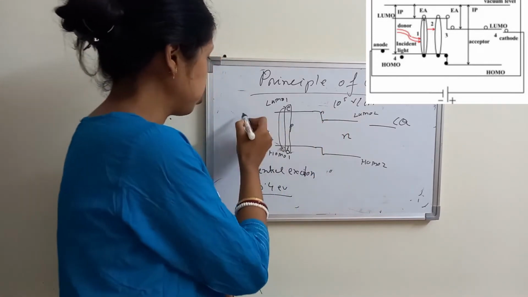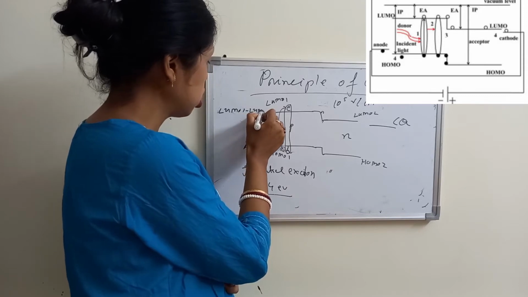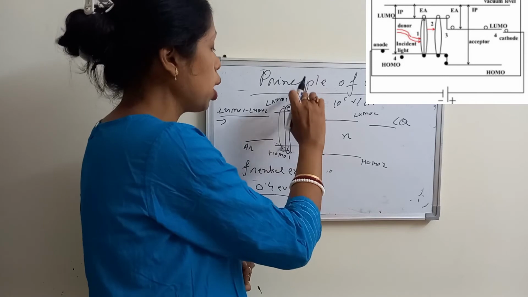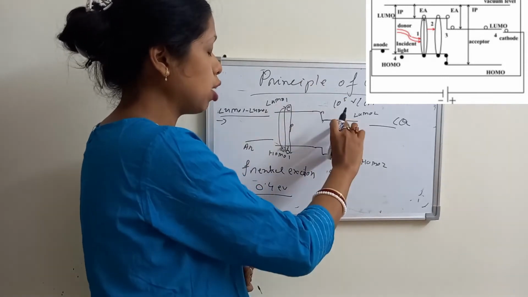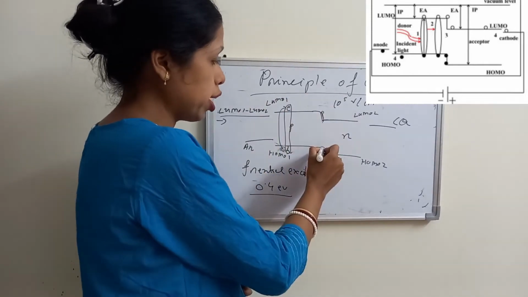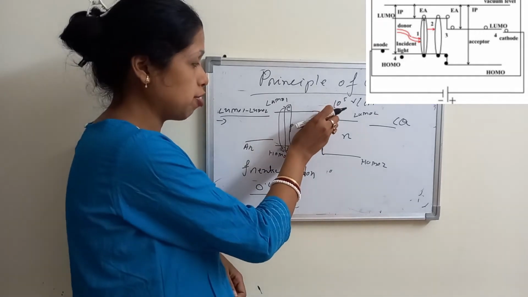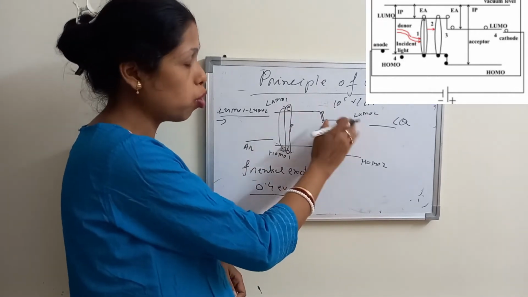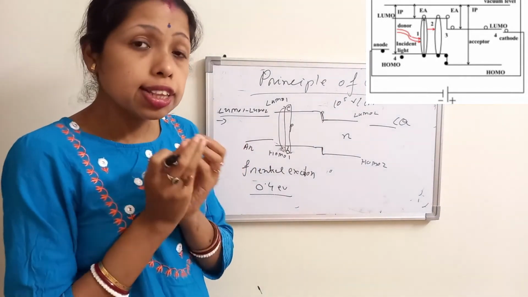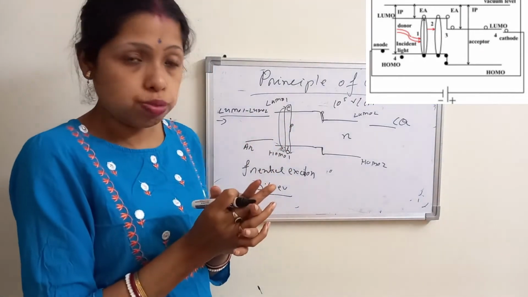Suppose this is LUMO 1 minus LUMO 2. If the LUMO of the p-type semiconductor is higher than the LUMO of the n-type semiconductor, some energetic gap is there. Here also an energetic gap is there, right? Due to this electric field, the exciton should break down.